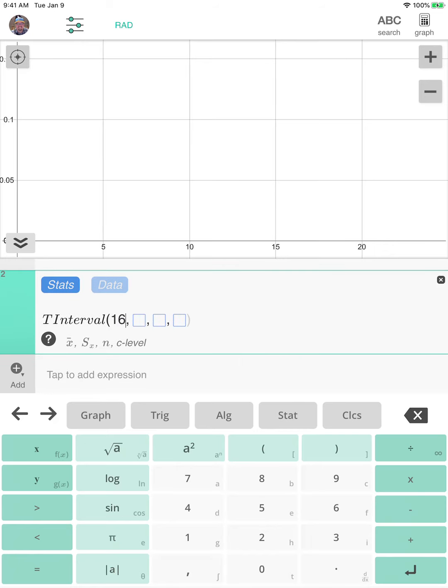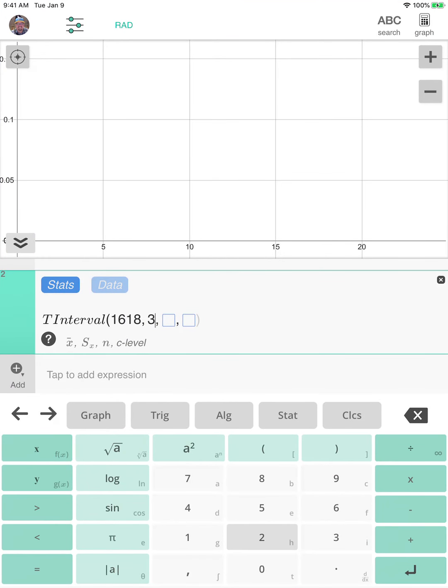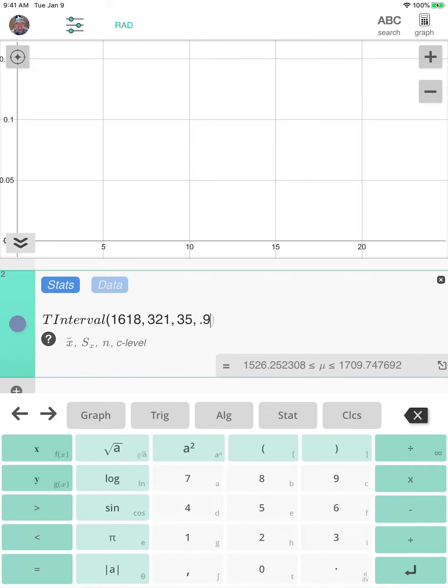So 1618 for our sample mean. Our sample standard deviation is 321. Our sample size is 35, and our confidence level is 0.95. And so we get a confidence interval of 1508 to 1728.